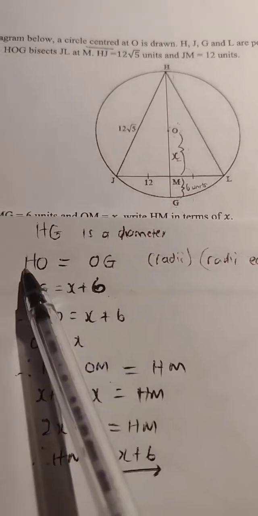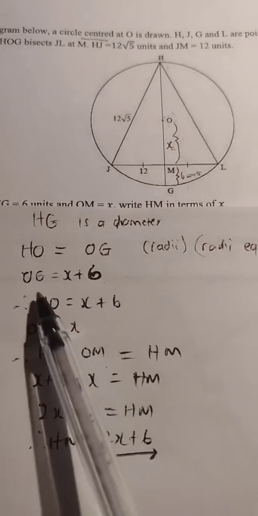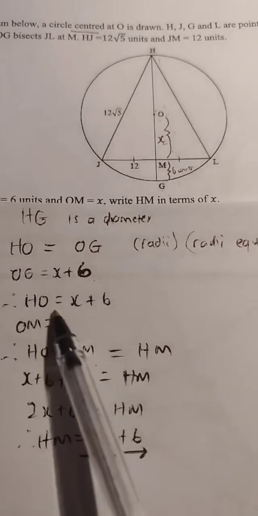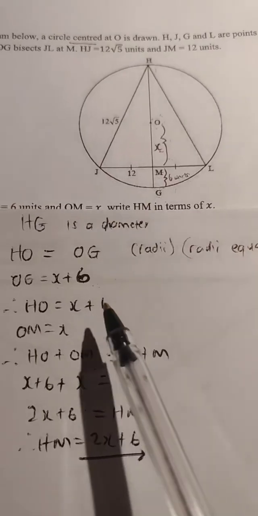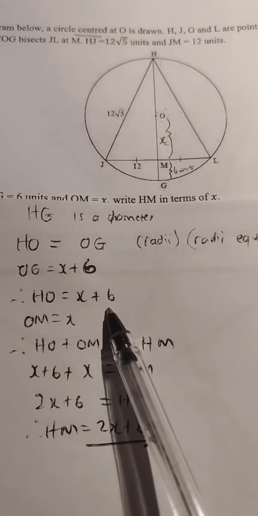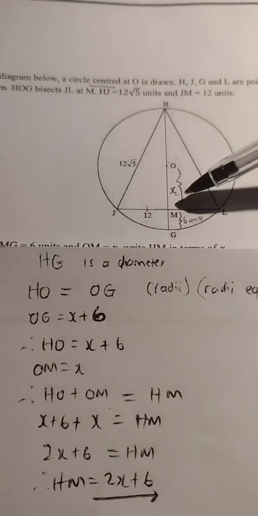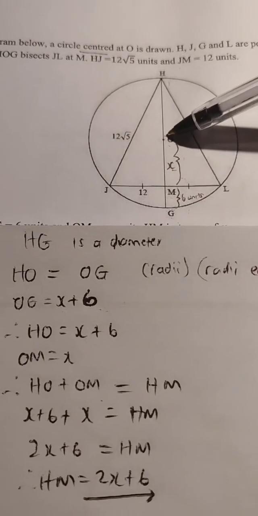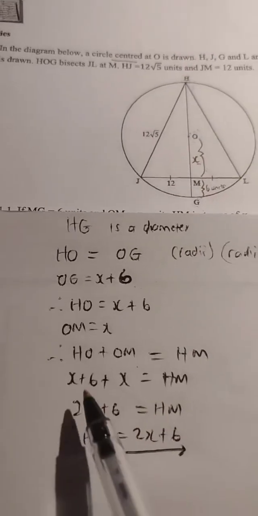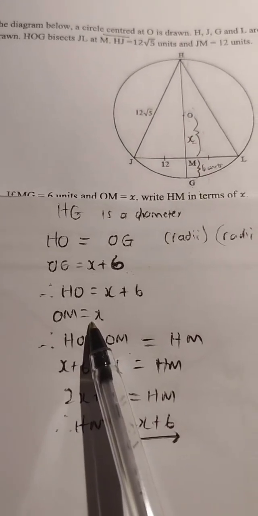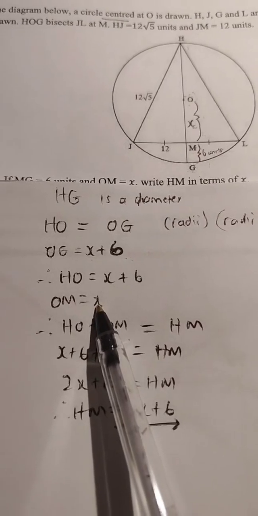I'm done with OG. But because I had said HO is equal to OG, it means if OG is X plus 6, then HO is also equal to X plus 6. Now furthermore, since HO is equal to X plus 6, I know OM is equal to X.